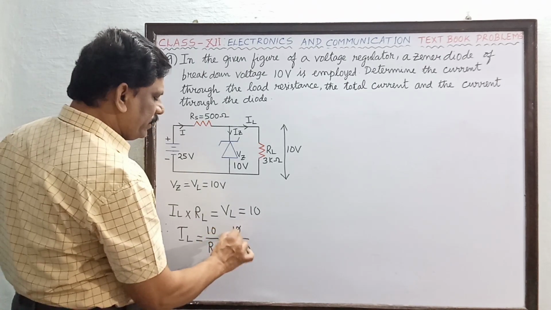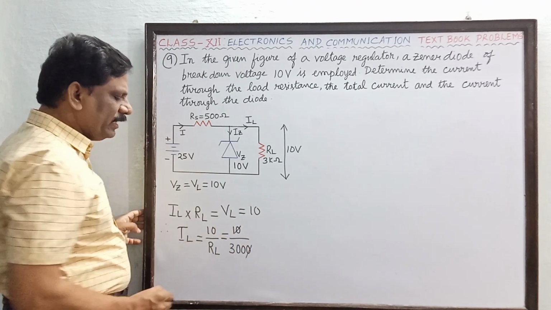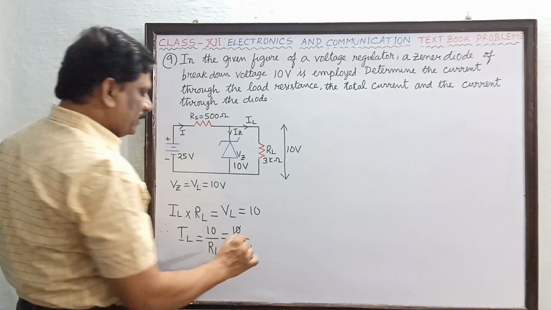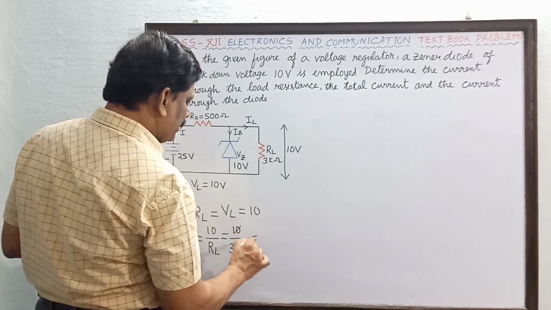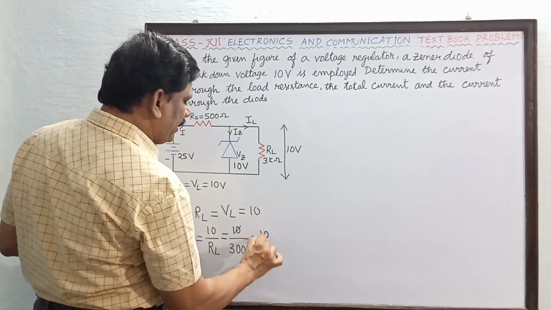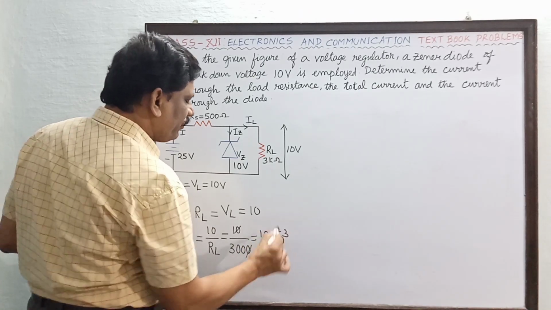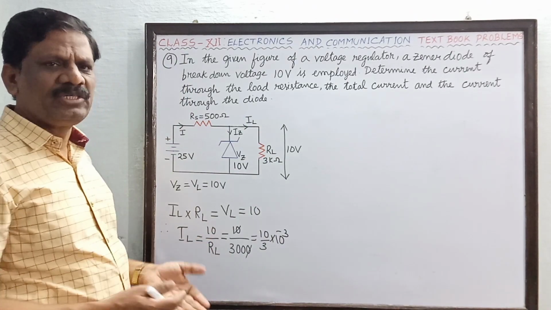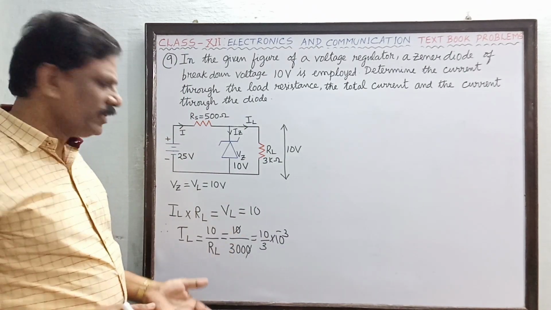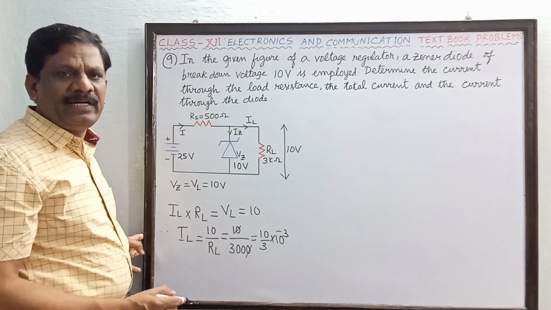So this is also equal to 1 by 300. This can also be written as 10 by 3 into 10 power minus 3. It is up to you, mathematical calculation you can do anyway. So 10 by 3 means 3.33.